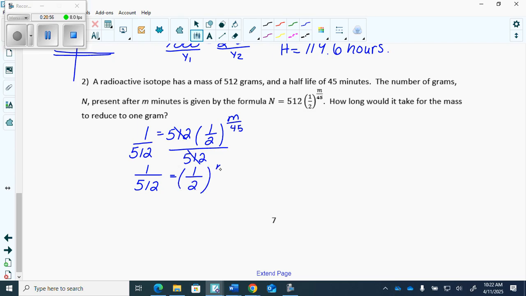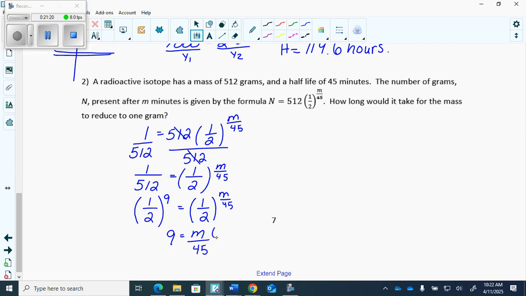So let's think about this. 1 to the 9 is 1. 2 to the 9 is 512, correct? So I could actually rewrite this as 1 over 2 all to the 9. So I have 9 equals m over 45.